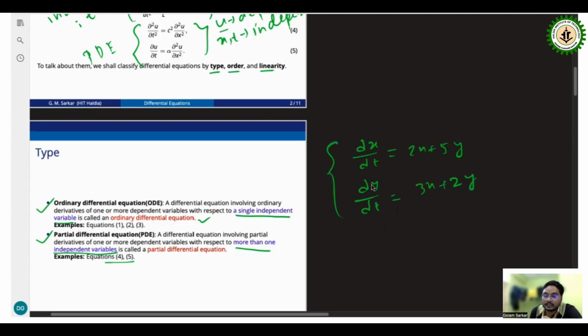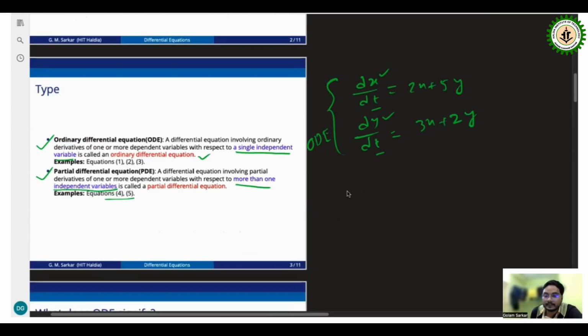This is a system of equations, and it is clearly an ordinary differential equation because there is only one independent variable. But you see, in this system we have two dependent variables x and y. So it is possible to have more than one dependent variable in a differential equation, right?